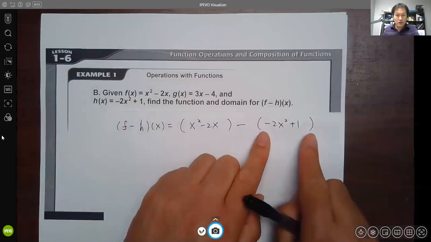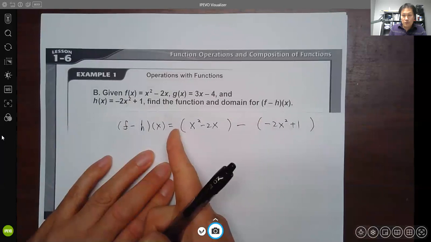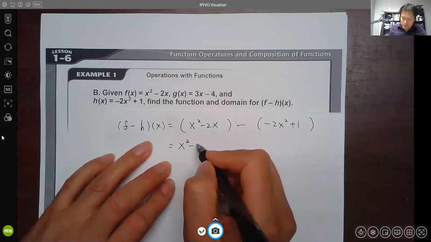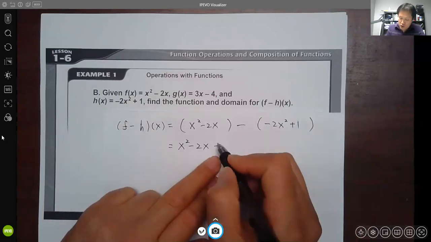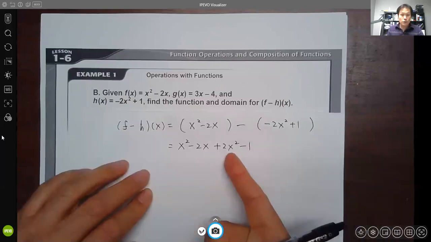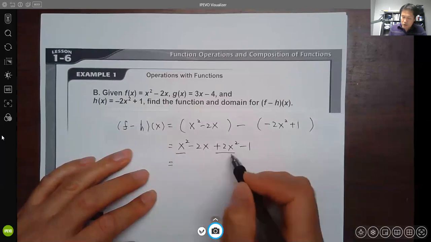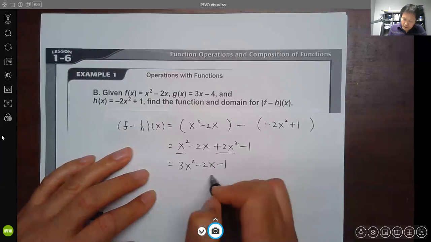So parentheses here are super important because of this minus. There's nothing in front of the first parenthesis, distributing 1, which doesn't do much. But distributing this minus 1 will change the signs. So be careful with the minus there. Combine like terms here. That is the answer.